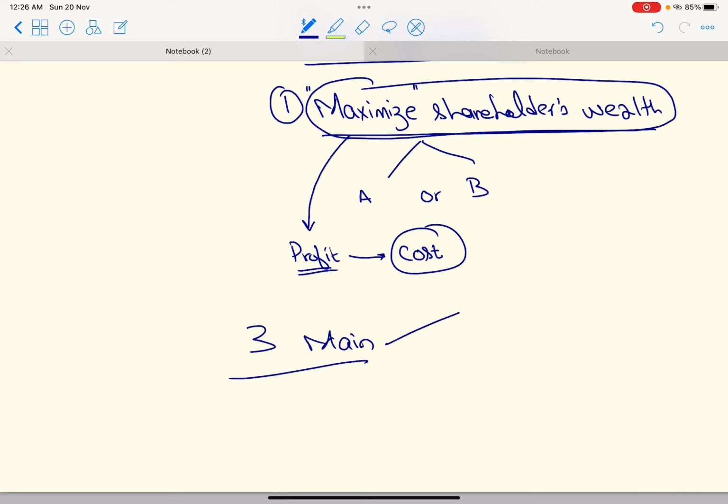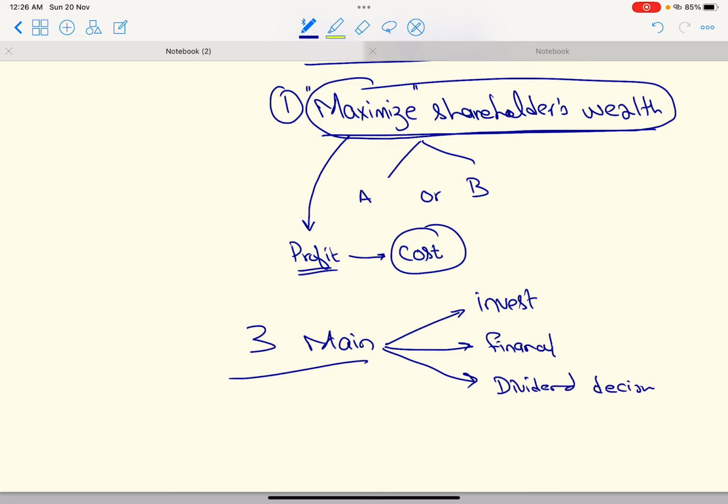One is where to invest. Second decision, where this investment is going to come from. So this is financing. And if we don't have any project to invest in, we should give this money back to the original owners. This is known as dividend decision.